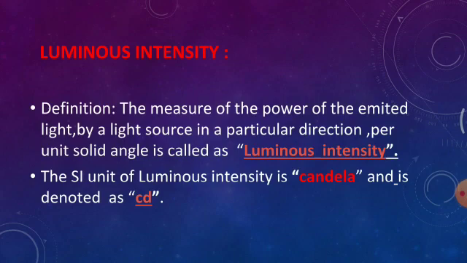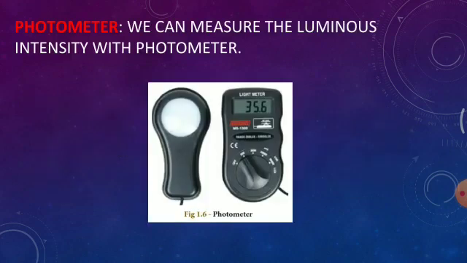The SI unit of luminous intensity is candela and is denoted as cd. So luminous intensity is nothing but the power of light. Luminous intensity is nothing but the intensity of a light source that we can measure with our human eye.